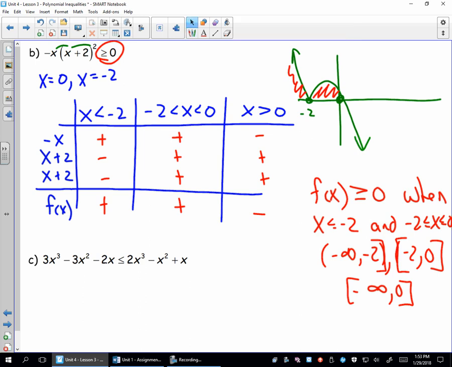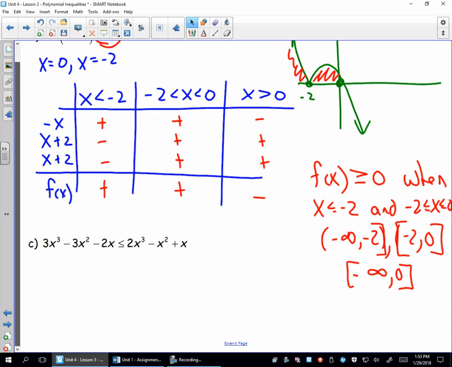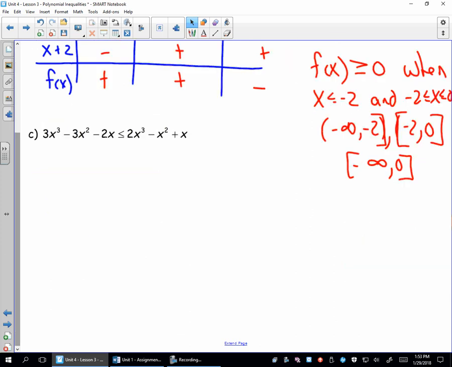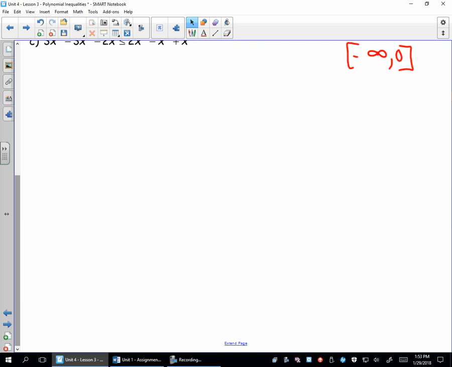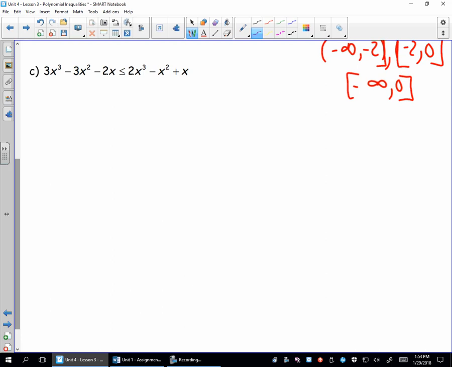Okay, let's try C. C is messy. C's got 2 different functions going on at once here. But we know that to make it easier, we can rearrange this function. We want to rearrange it so it equals 0 instead of having to worry about all the parts and pieces. Let's move all this stuff this way, okay?